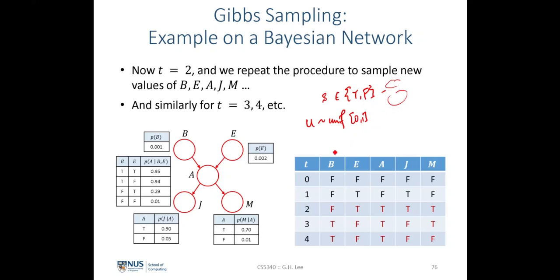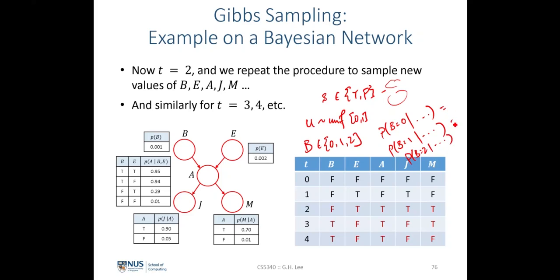But in the case where, let's say, our random variable takes three states, 0, 1, or 2, then the way that we draw the random sample from this probability distribution is this: we will have three probabilities over here, B equals 0 conditioned upon something, B equals 1 conditioned upon something, and B equals 2 conditioned upon something.